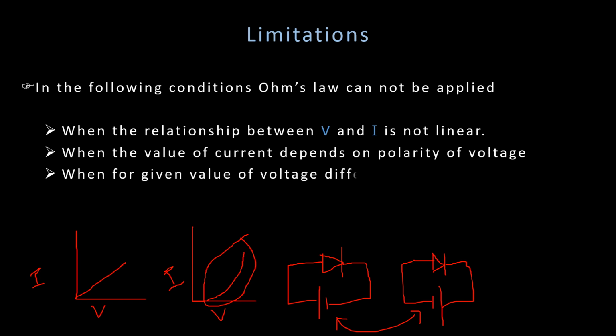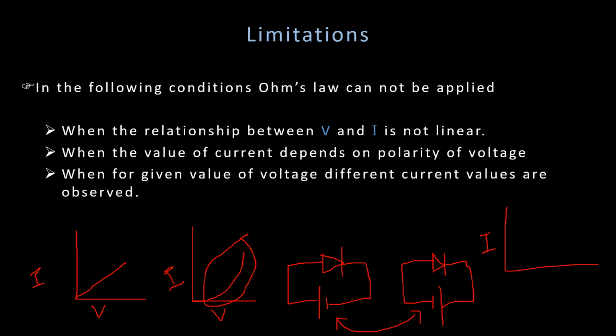When for a given value of voltage, different current values are observed. Now you will have cases where if you plot a graph of I versus V, you might see this type of nature. Okay, now what happens here? Here you will see that for this value of current you have different values of voltage.